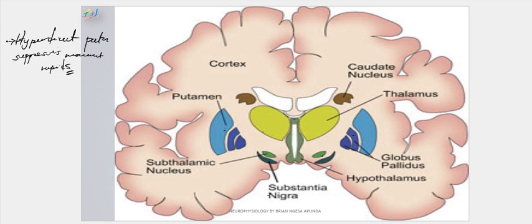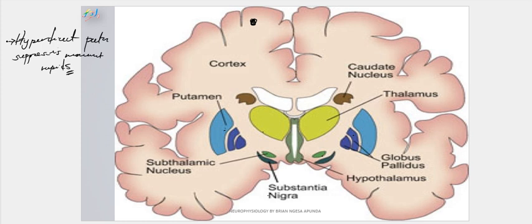So again, the same story just repeats itself. Signals from the cortex, the premotor cortex. This is normally regarded as hyperdirect because it normally bypasses the striatum.